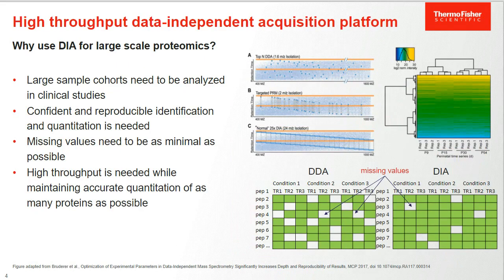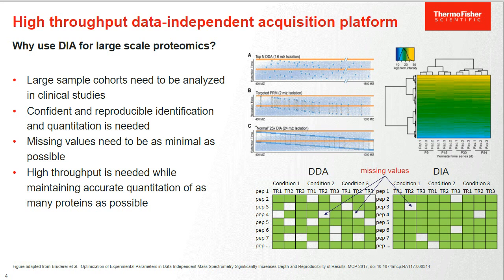Now the question is, why use data independent acquisition for large-scale proteomic studies? Basically, most of the clinical studies include analysis of large sample cohorts and require confident and reproducible identification as well as quantitation of as many proteins as possible. At the same time, keeping missing data points as minimum as possible. In general, DDA methods include stochastic triggering of precursors for MS/MS resulting in variable duty cycle times and variable data points across each precursor.